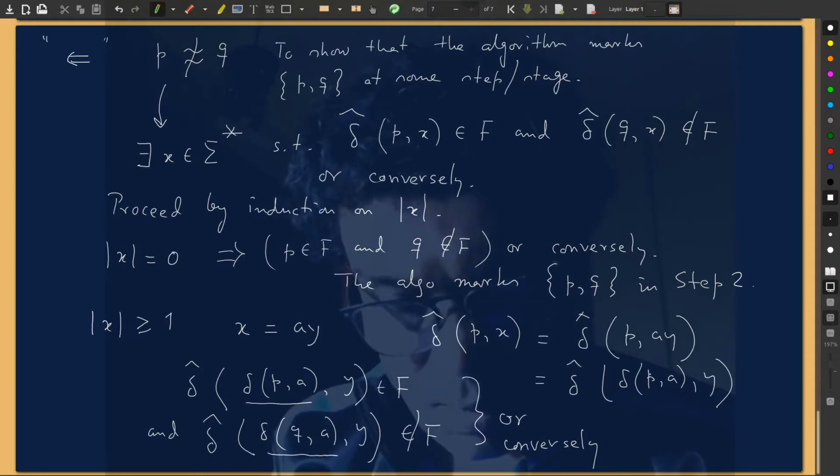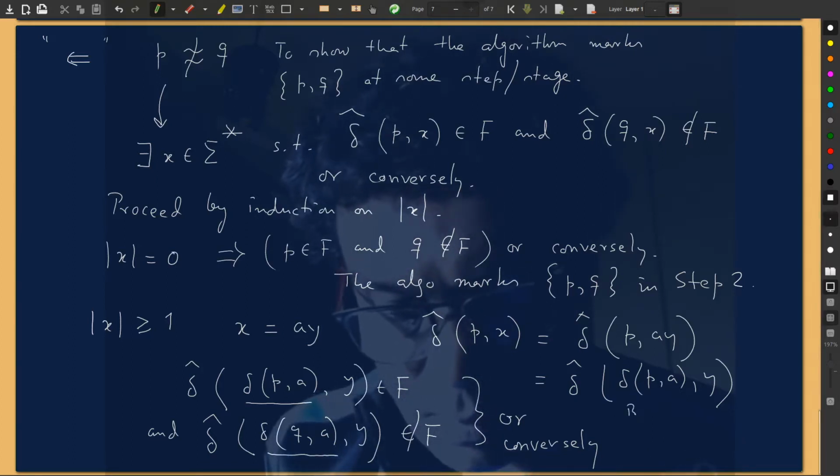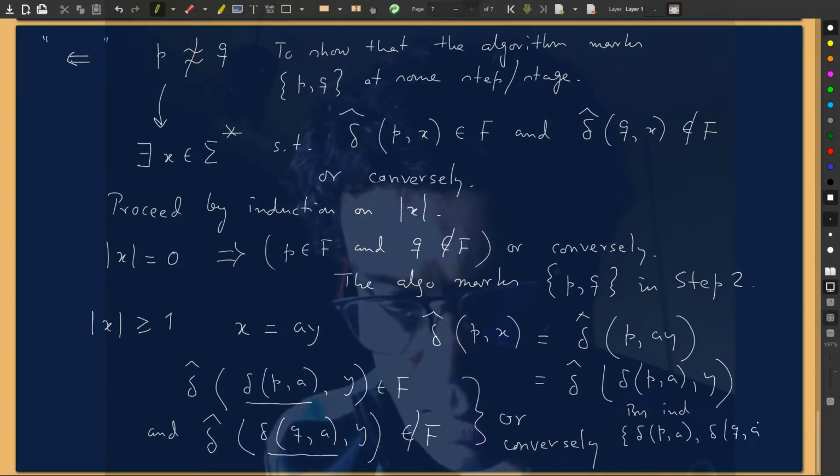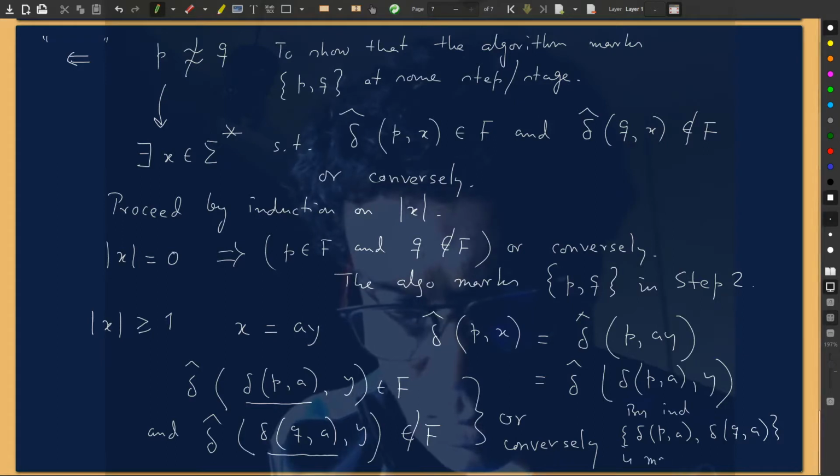Okay, so by induction, this pair delta PA, delta QA is marked at some early iteration.